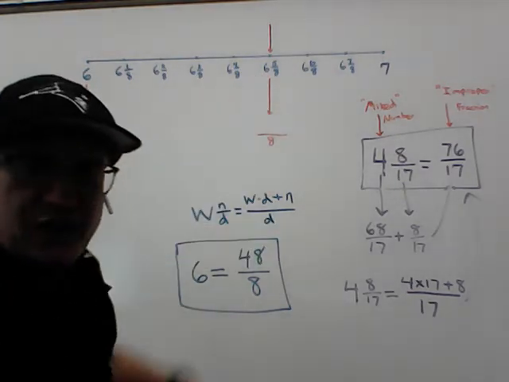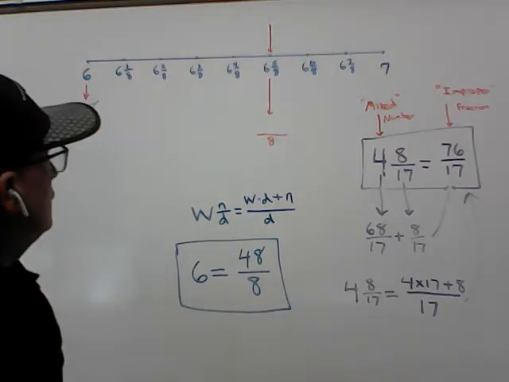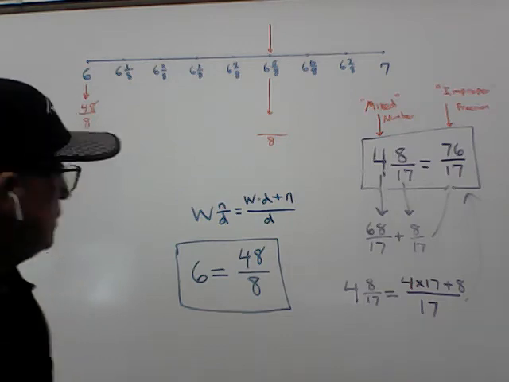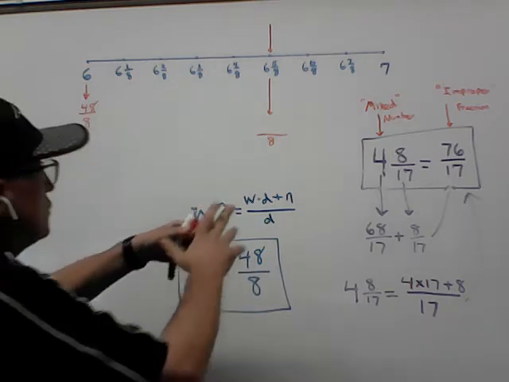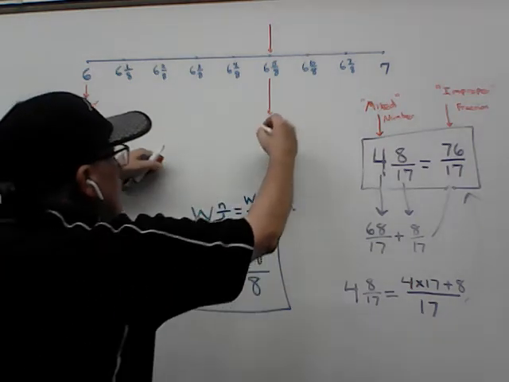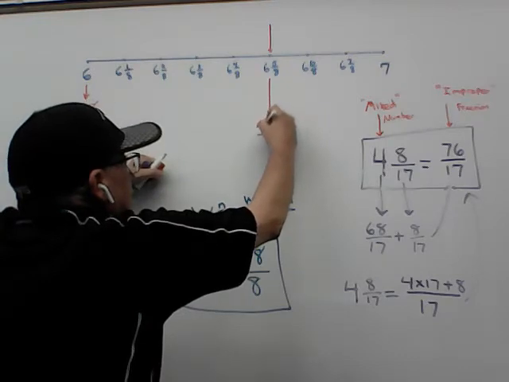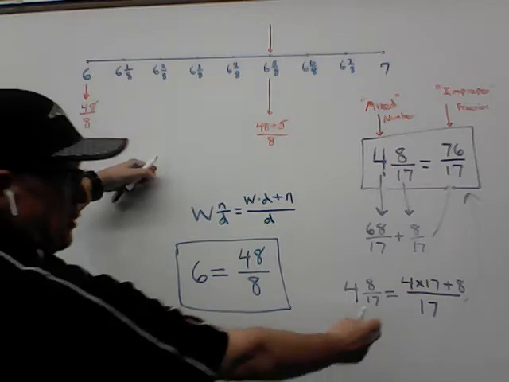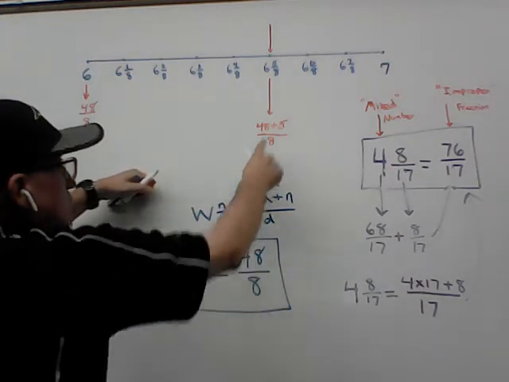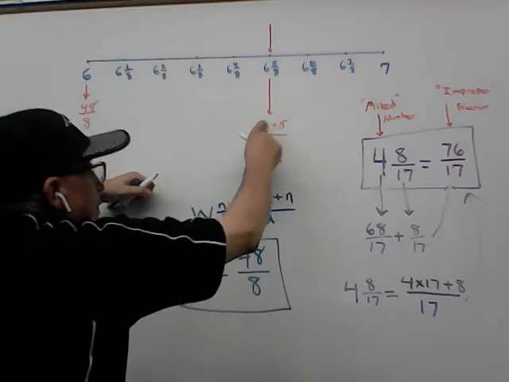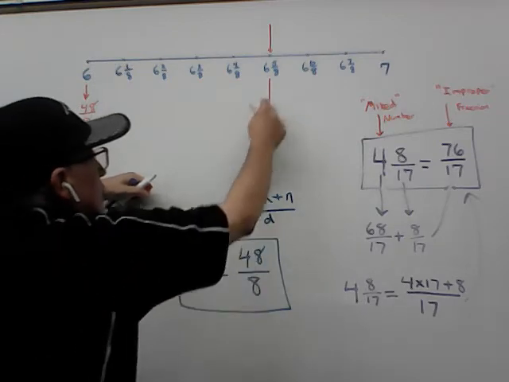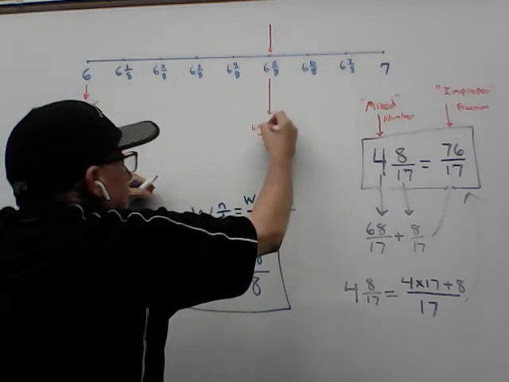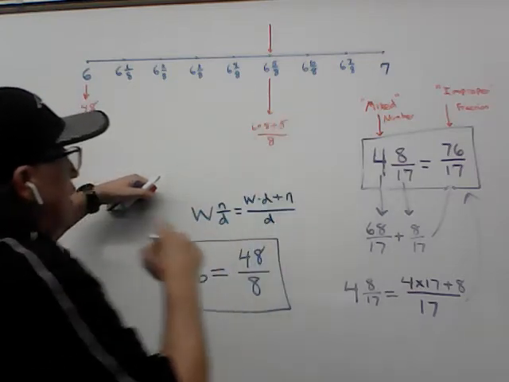Well now, I've asked us to look at 6 and 5/8. 6 and 5/8 is 5/8 past 6. And the 6 is 48/8. So look what we can do here. 48 plus 5. Going back to that formula I showed here in general, that 48, just like here, I got from 6 times 8. 6 times 8 plus 5.